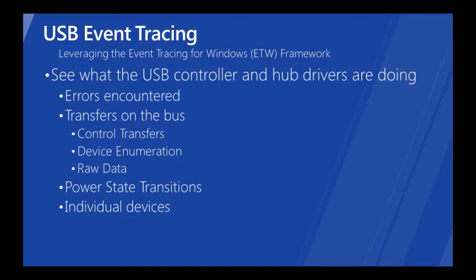And you will see power state transitions of USB devices, and you'll be able to differentiate which events have to do with a device of interest versus which events do not.